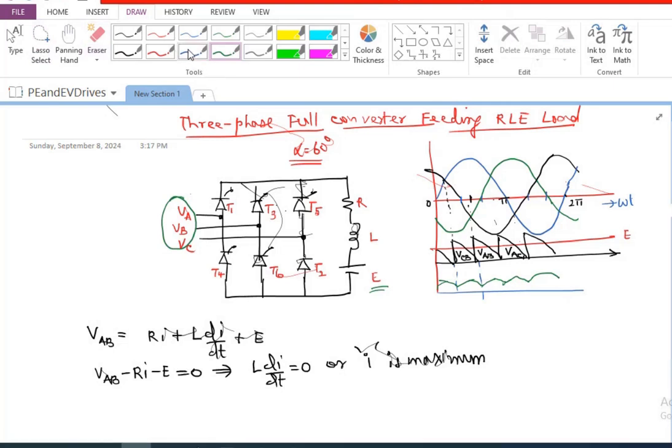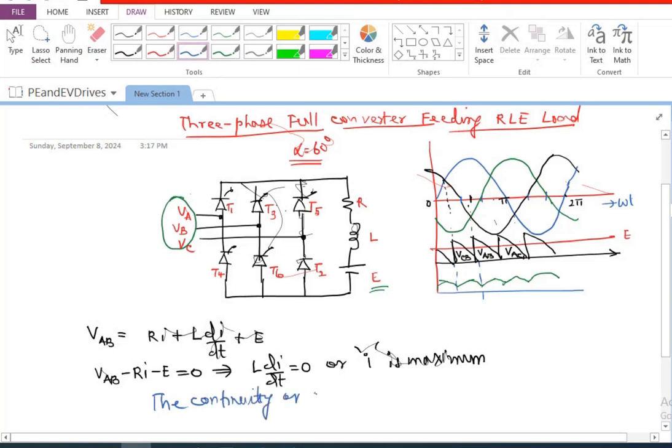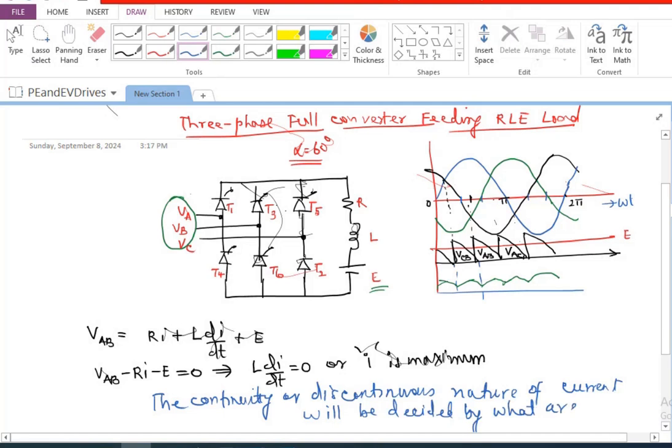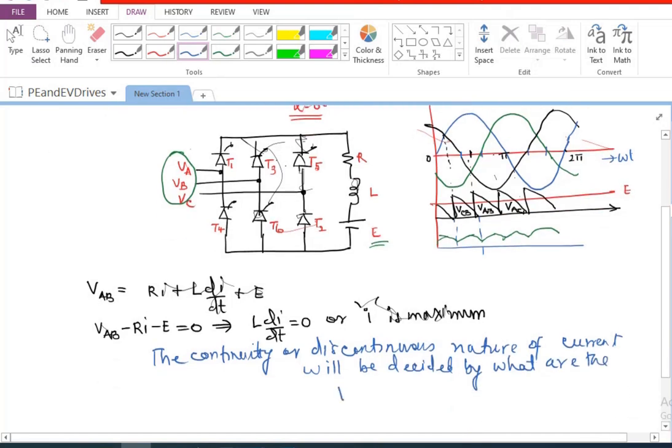So what decides the continuity or discontinuous nature of current will be decided by what are the values of R, L, Vm, E, and so on.